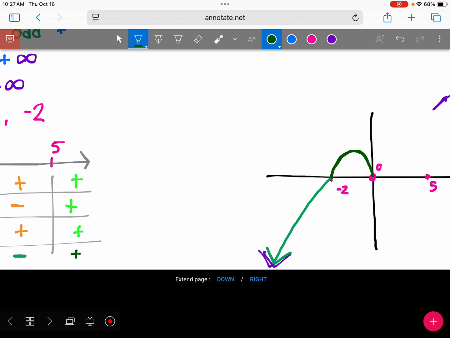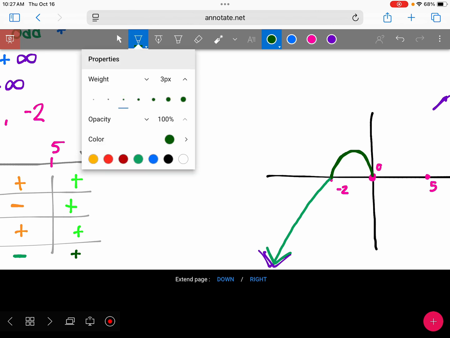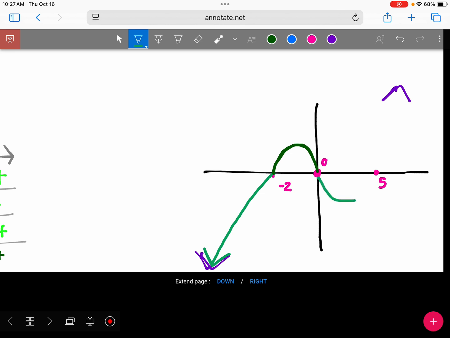It's okay if things have kind of funky bends on them. Between 0 and 5, again, I have a negative piece, so it's going to be below my x-axis. And then, since we have our plus down here, from 5 out to forever, we are above the x-axis.